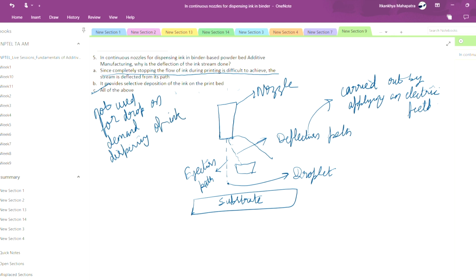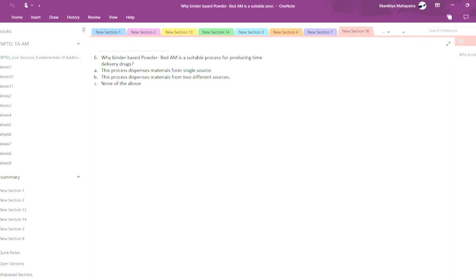Okay. Now the next question. Why is binder based powder bed additive manufacturing a suitable process for producing time delivery drugs? As we saw, the process dispenses material from two different sources. The deposition process has the ability to control the flow rate of multiple materials. With some particular conditions, we can also vary the diameter.